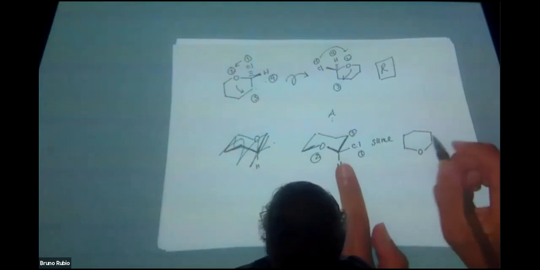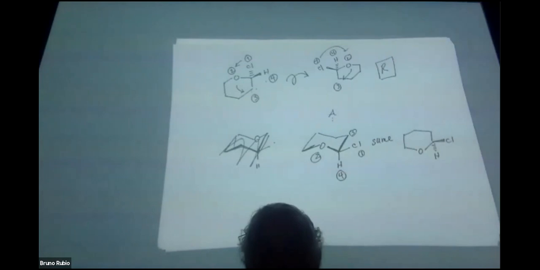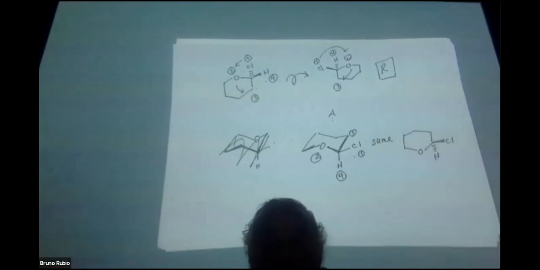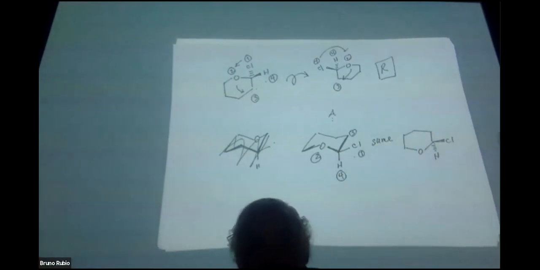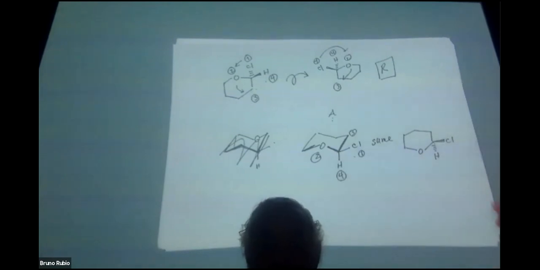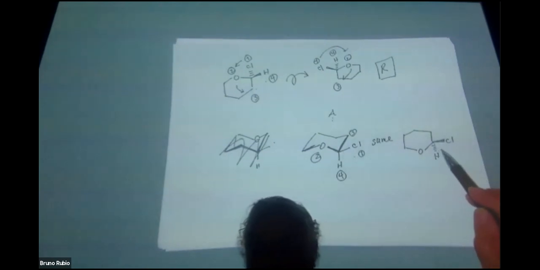This chirality center here, the hydrogen is down, so that's going to be on a dash. And the Cl is on the top of the molecule. That's where you are. And so this is the dash and wedge drawing of this chair. It's just easier to determine absolute configuration with dashing and wedging than it is from a chair or a Newman projection. So I translated this chair into this dash and wedge.